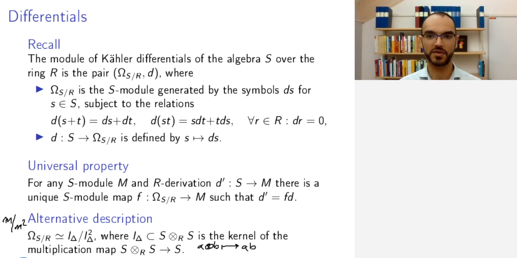And as things go, we globalize this cotangent notion, and then we define the tangent bundle or tangent sheaf as its dual.